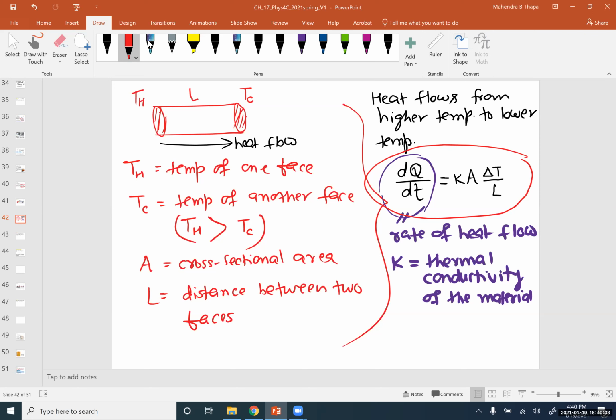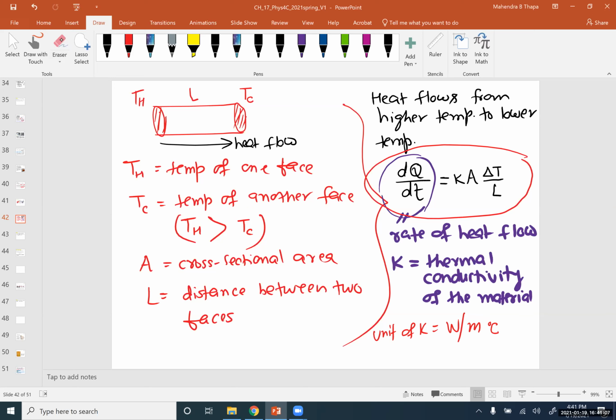So this equation can be used to find the rate of heat flow in conduction, because heat flow happens because of the phenomenon called conduction. You can check the unit of K: joule per second is watt, so it is watt per meter squared, per degree Celsius or per Kelvin, and basically this will cancel out, so it will be meter.